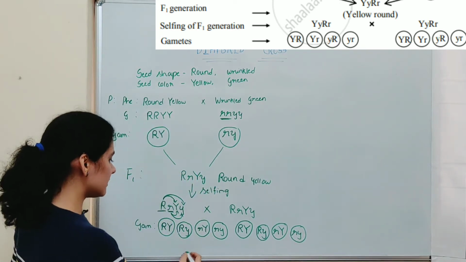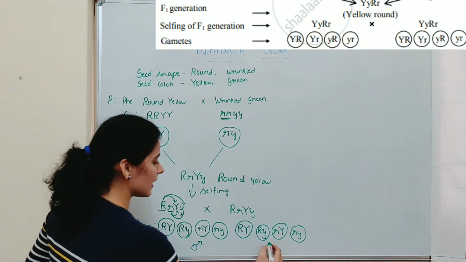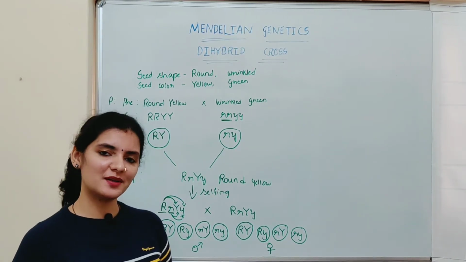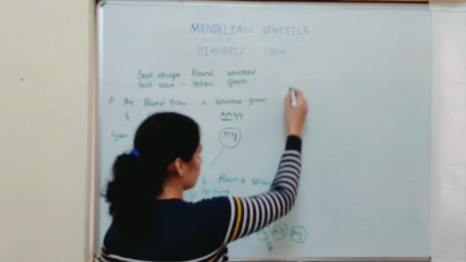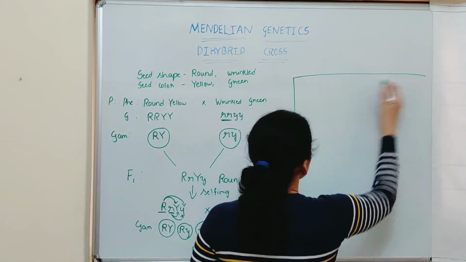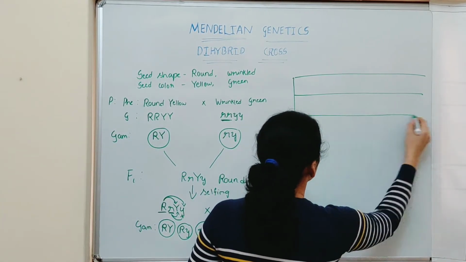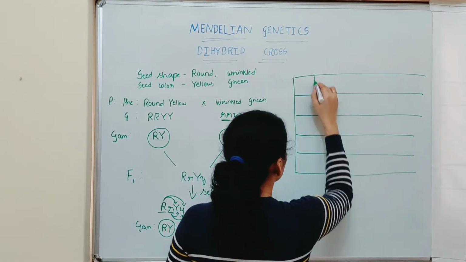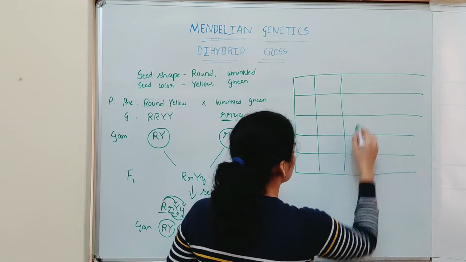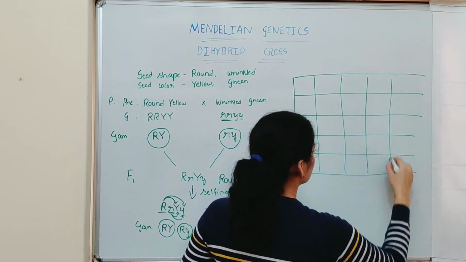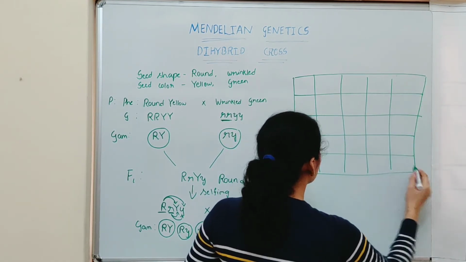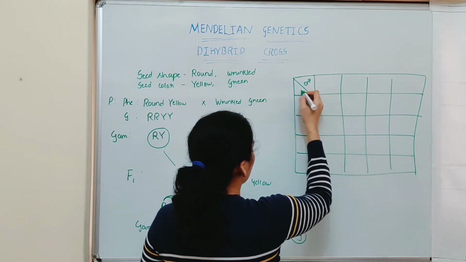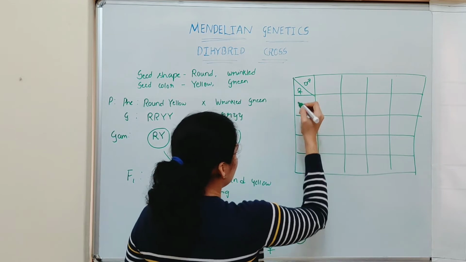So let us consider this as a male gamete and this as a female gamete. Now we will draw a Punnett square to find out the possible result of this genetic cross. So, a Punnett square having 16 squares. On the top we are representing the male gamete and on the left side we are representing the female gamete.